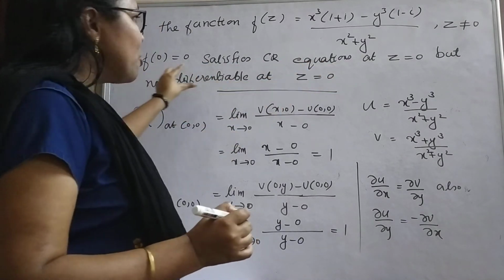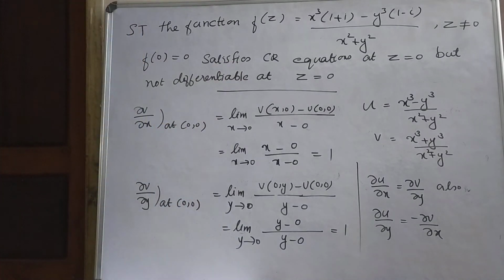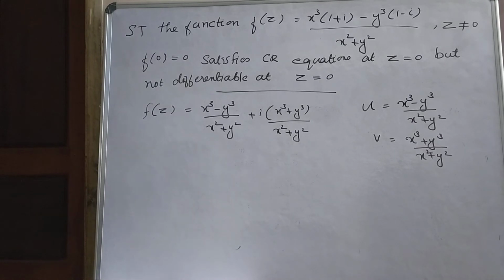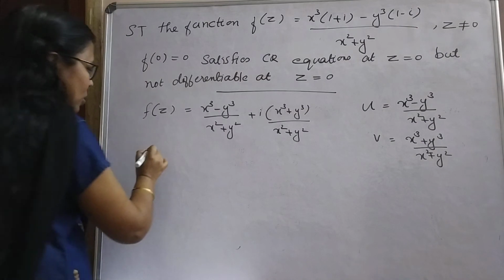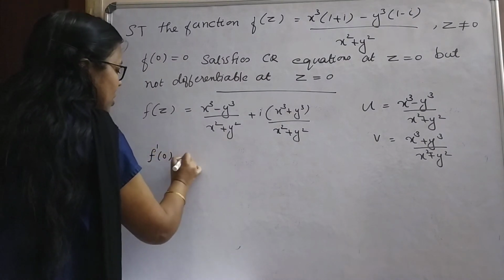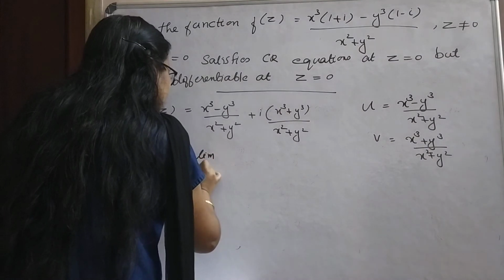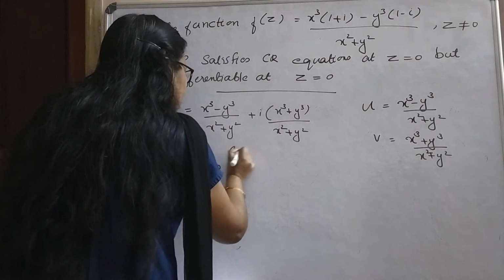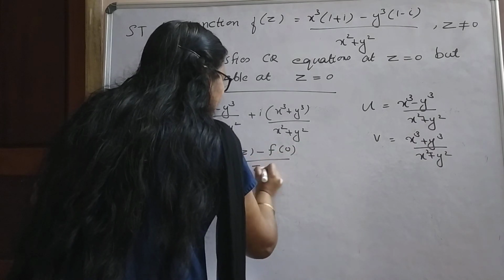For that, we have to find the derivative at 0, that is f dash 0. The formula for f dash 0 is limit z tending to 0, [f(z) − f(0)] / (z − 0).